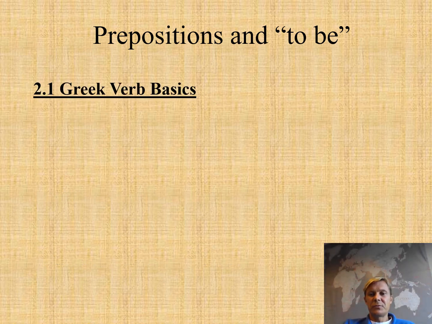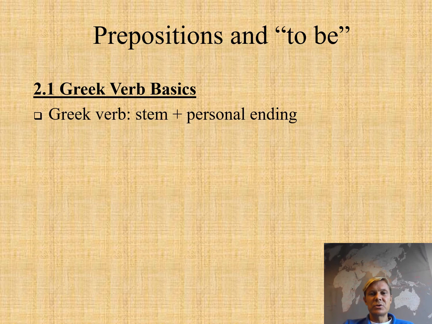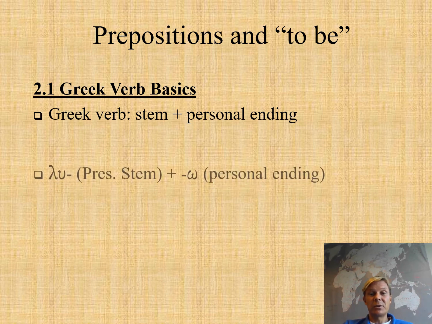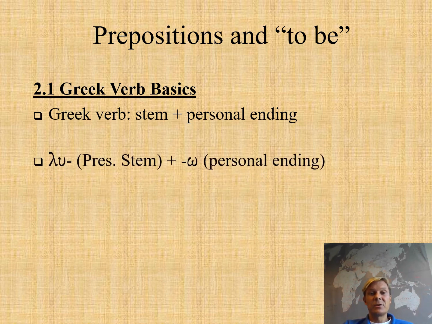So before we close off today, let's look at a couple of things regarding verbs. In Greek verbs, we have the stem and the personal ending. This functions very similarly to Spanish or Portuguese, so those who are familiar with those languages are able to get the idea very quickly. We have the verb luo with the stem lu and personal ending omega.